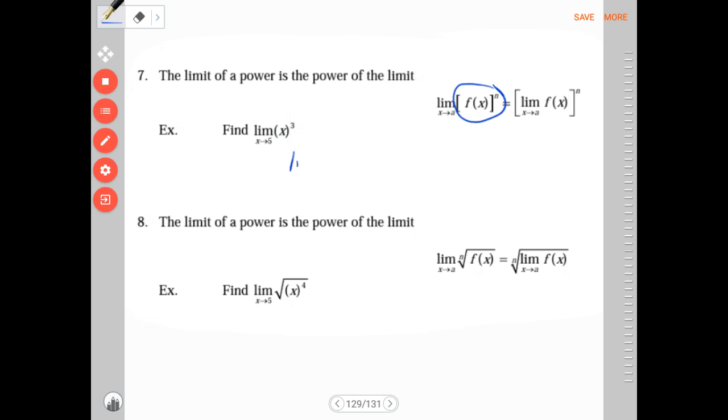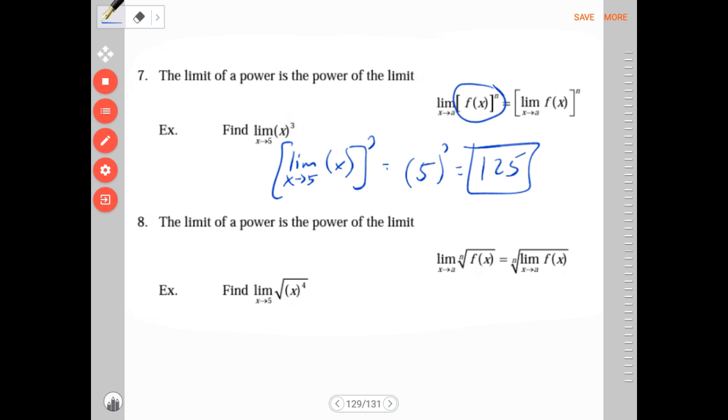Really, this is the limit as x approaches 5 of x, all cubed. Well, the limit as x approaches 5 of x is just 5, so this is 5 cubed, which is 125.